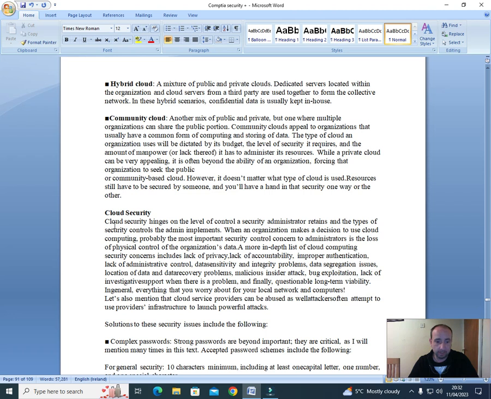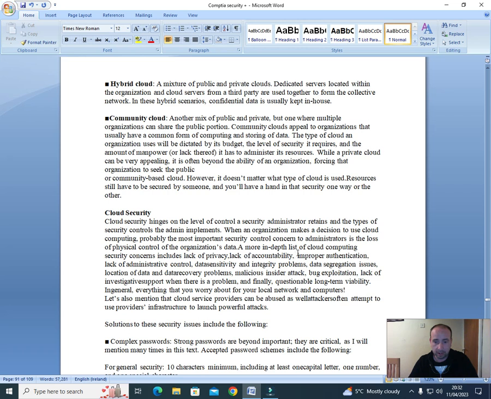Cloud security. Cloud security hinges on the level of security a security administrator retains and the types of security controls the admin implements. When an organization makes a decision to use cloud computing, probably the most important security control concern to administrators is the loss of physical control of the organization's data.